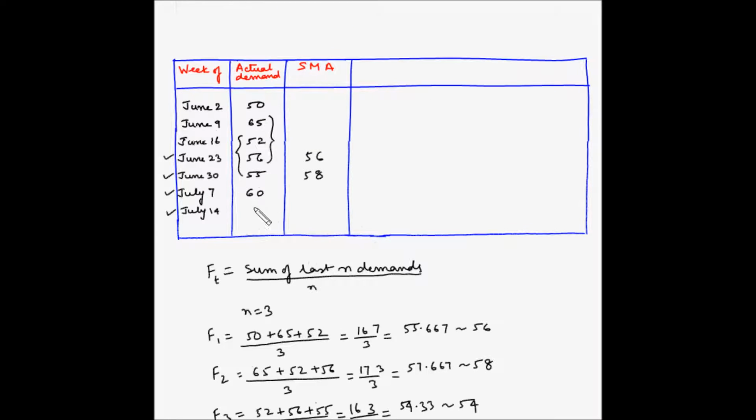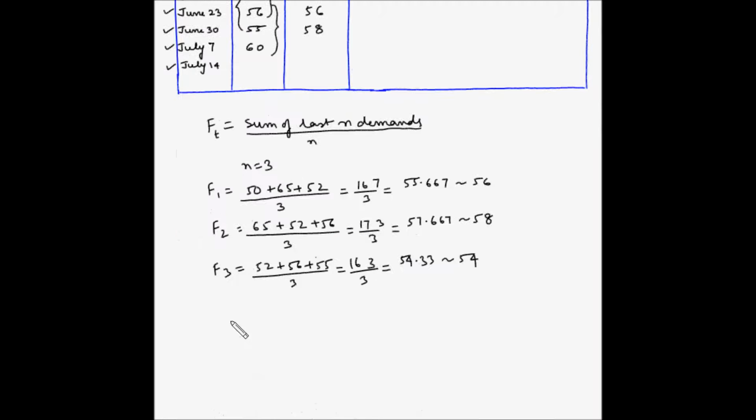Now let's move to July 14th. So in this case, the last 3 periods will be these 3. So F4 is equal to 56 plus 55 plus 60 divided by 3, and this is equal to, now 6 plus 5 is 11, so 1 and 1 carryover, 5 plus 5, 10, plus 6, 16, plus 1, 17, divided by 3.